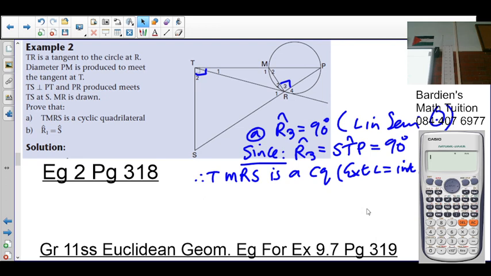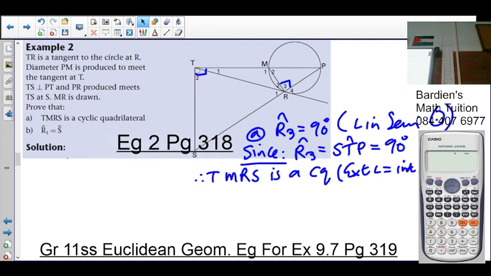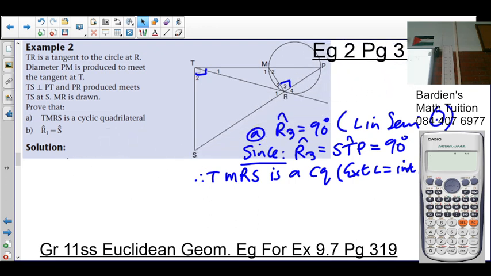Alright. Let's go to B. The B part of the question. Prove that R1 is equal to angle S. R1, there's R1, there's angle S. So how do I start?